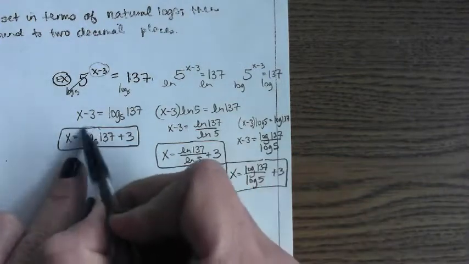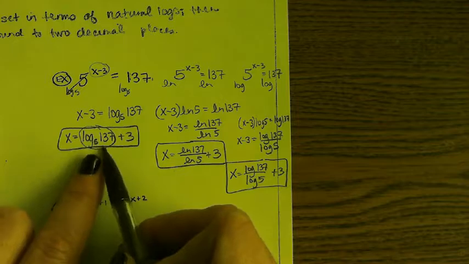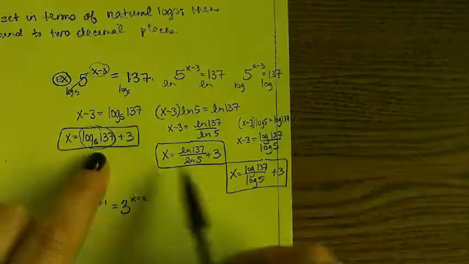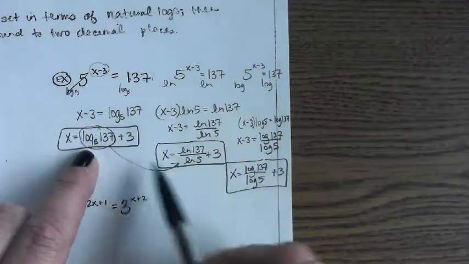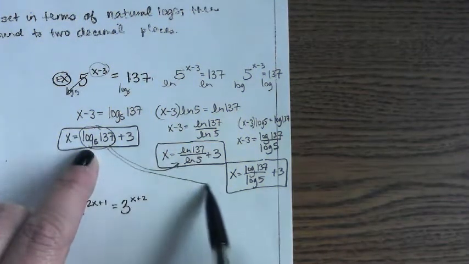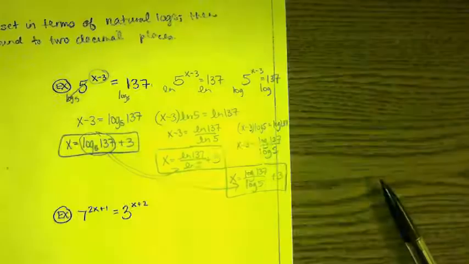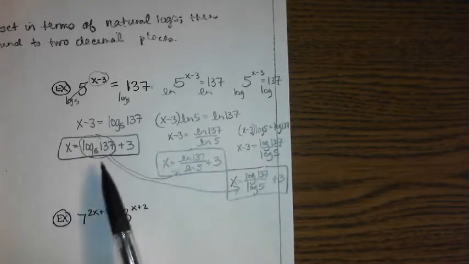And this, using the change of base formula, is the same thing as log of 137 divided by log of 5, or natural log of 137 divided by the log of 5. So you can see from the change of base formula, whether you use natural logs or regular logs, it's the same either way. Do you see how all 3 of these are equivalent due to that change of base formula?